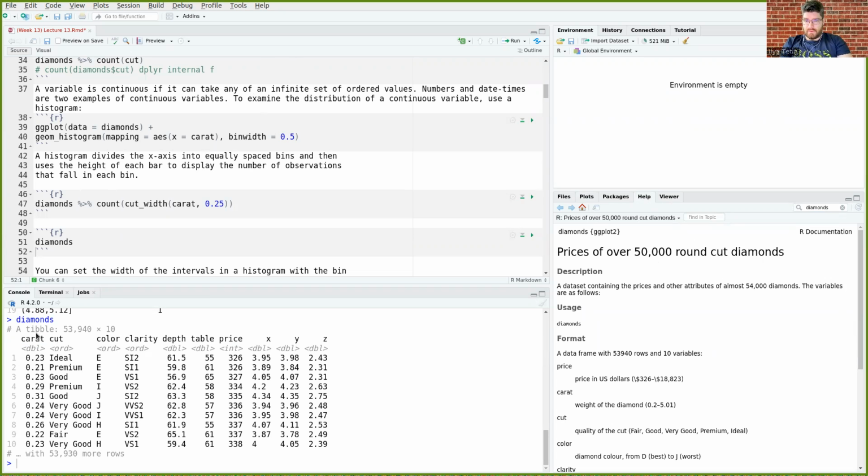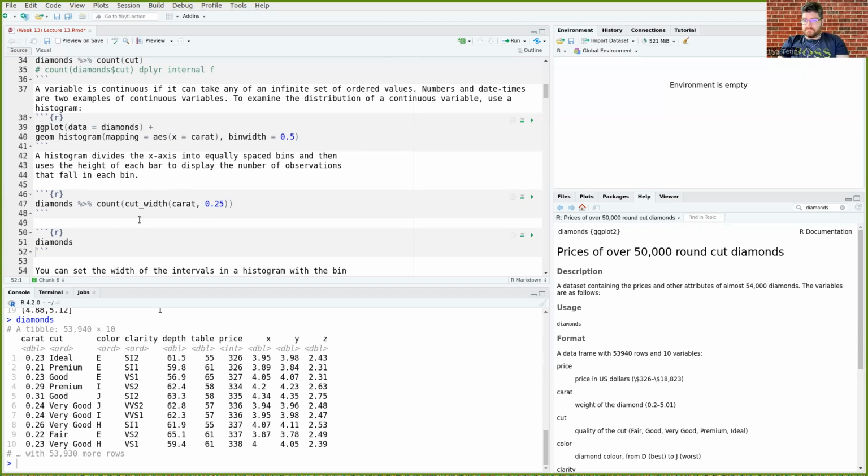We have length in millimeters of the measurements. We have the clarities from infinitely great, very small inclusions, and so on, up to the worst. And we have the weight of the diamond from these measurements, which we already found. And these are the prices in United States dollars. I'm not sure about the exact year when this data was collected, so we might multiply these numbers twice or even more.